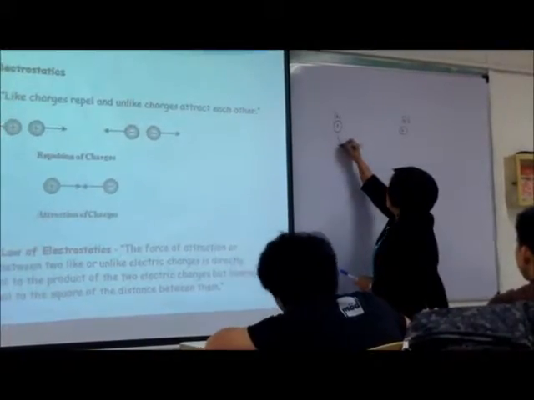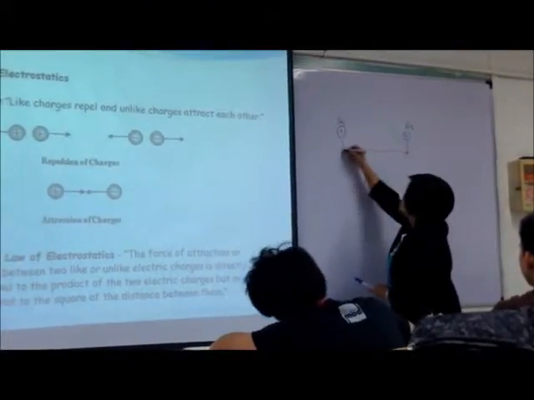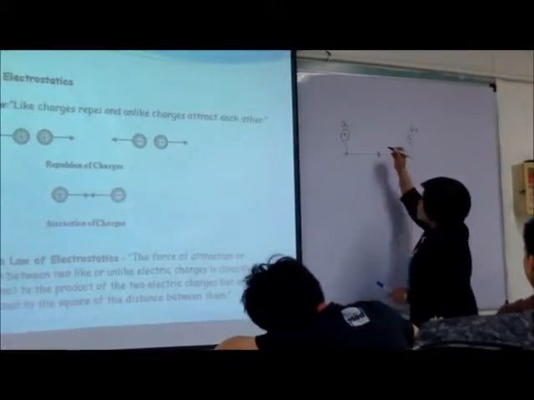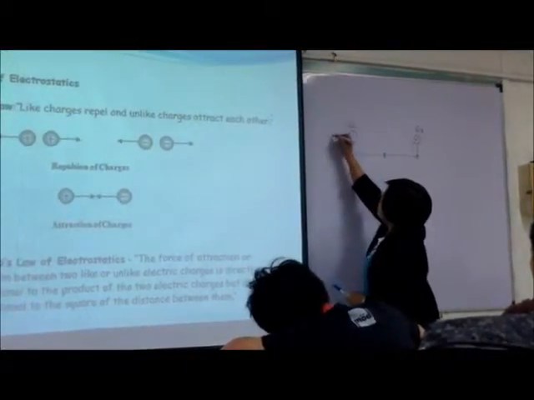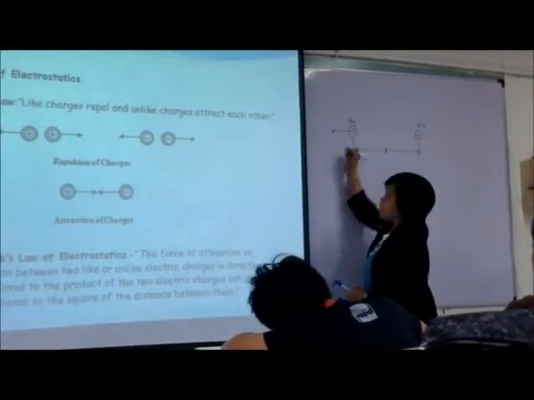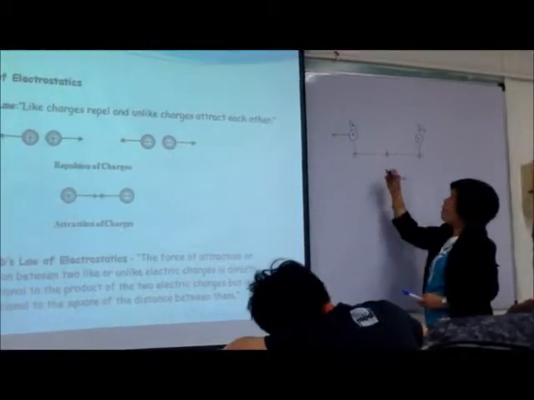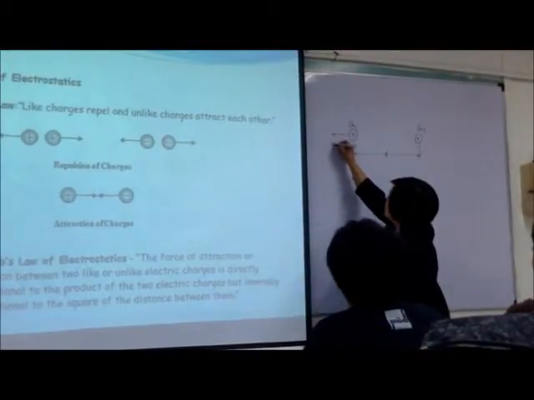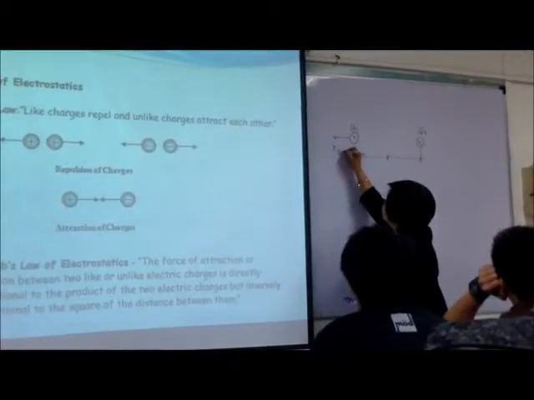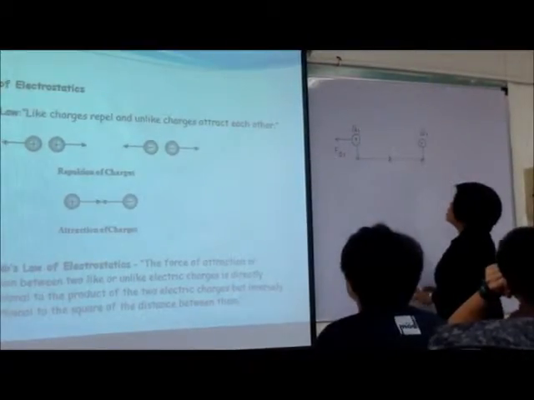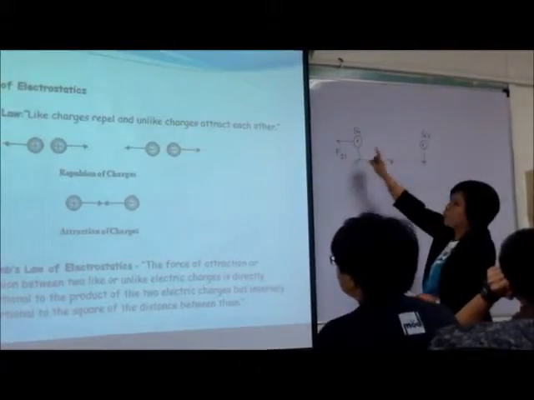Let's say you consider the distance between them as R. Your answer should be, if this is the charge in question, a repulsive force to the left. And that can be represented by F2-1, meaning that is the force exerted by charge 2 on charge 1.